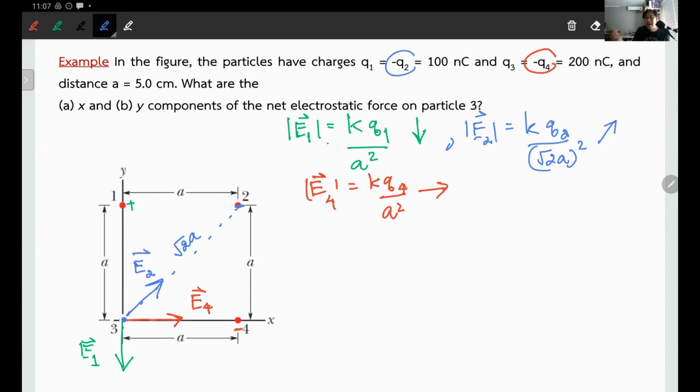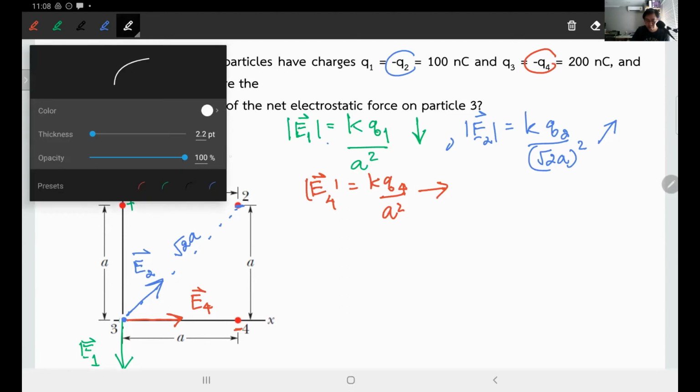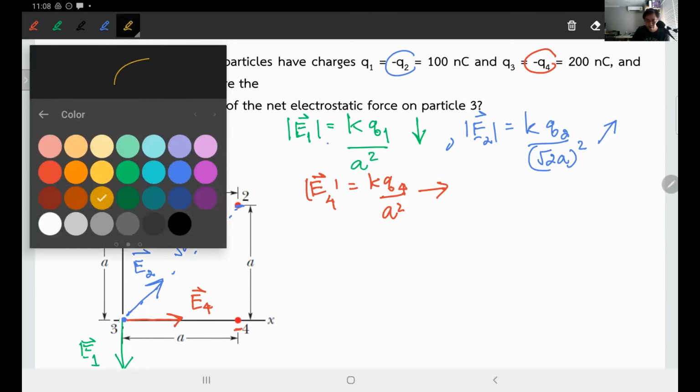All right, now your job is just breaking these vectors into horizontal and vertical components. It's tedious on this one, but it's not too bad in terms of execution because you already know everything.